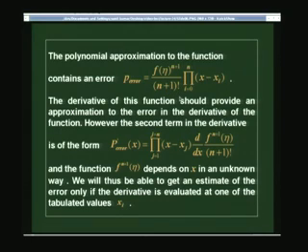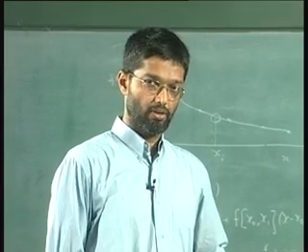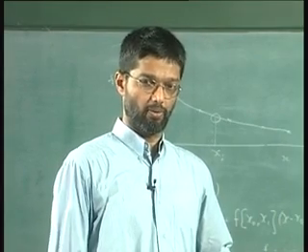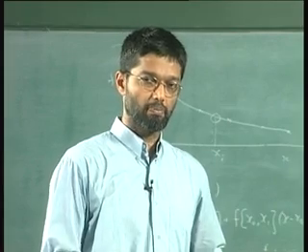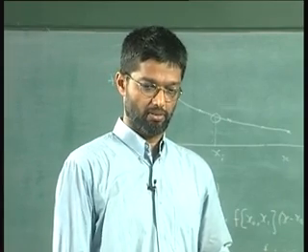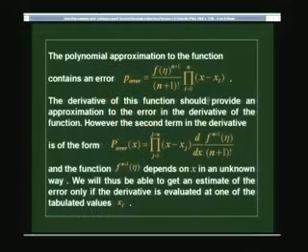So, we have seen that the error in a polynomial is of the order of the next term in the polynomial. That is, if you have an nth order polynomial, it is like the n plus 1th order term. So, the n plus 1th order term is simply the product of x minus xi for i going from 0 to n.